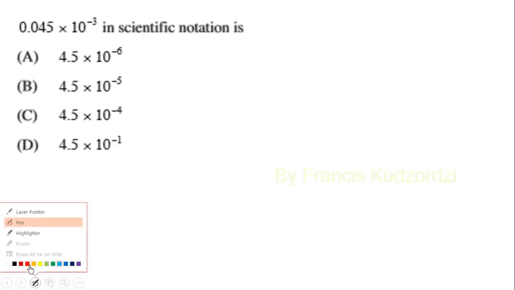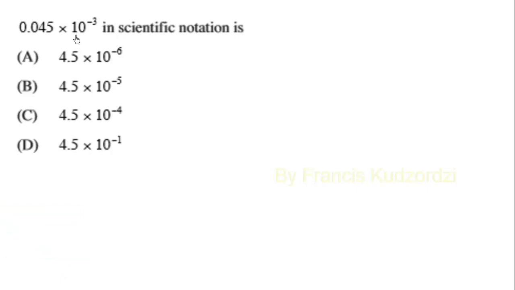Now we have this one, 0.045 times 10 exponent negative 3. You want to rewrite this in scientific notation.